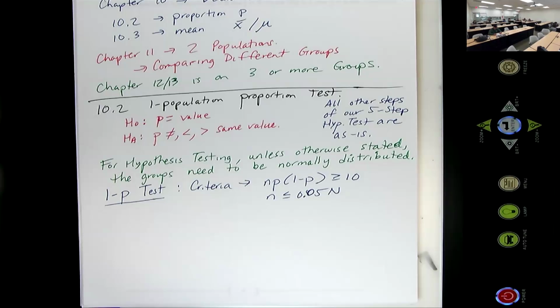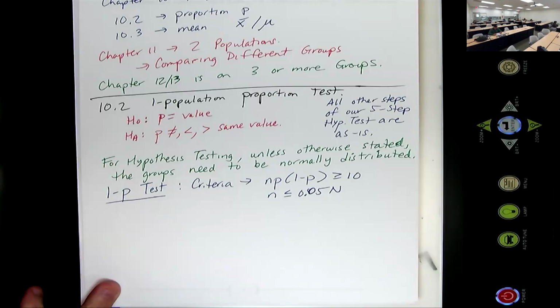One of them you have to verify with a calculator, and the other one I'll usually eyeball that it's less than 5%. But that's how it is.